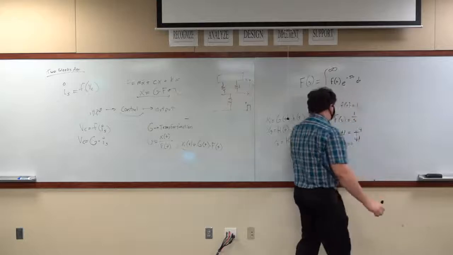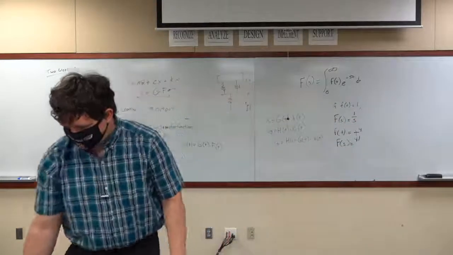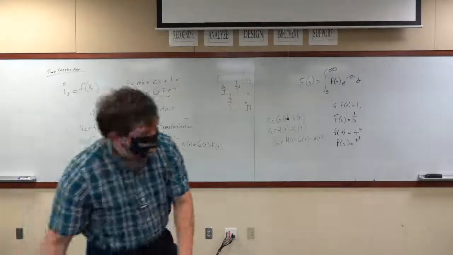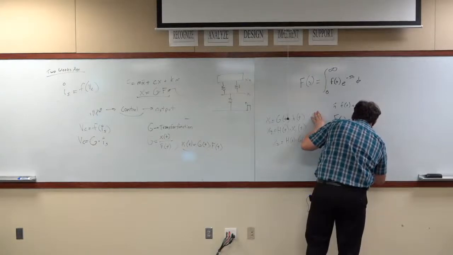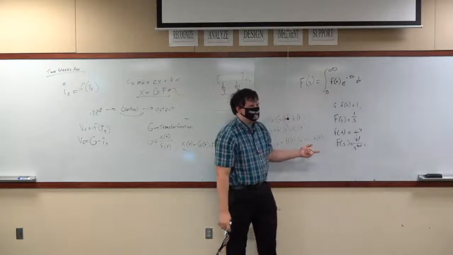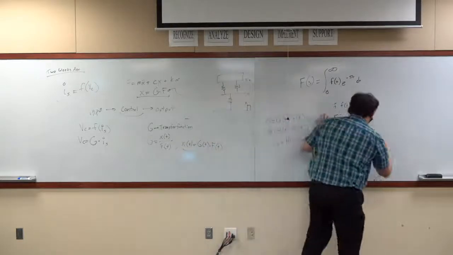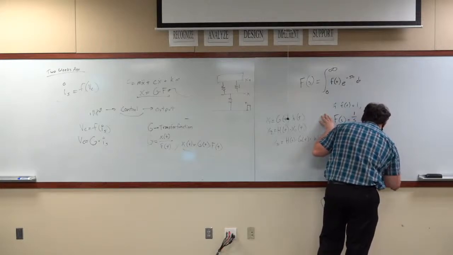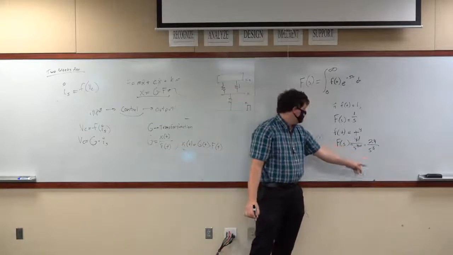That's what the exclamation point is. It's not just a really excited 4. So this ends up equaling 4 factorial, which is 4 times 3 times 2 times 1, which is 24, divided by s to the 5th.